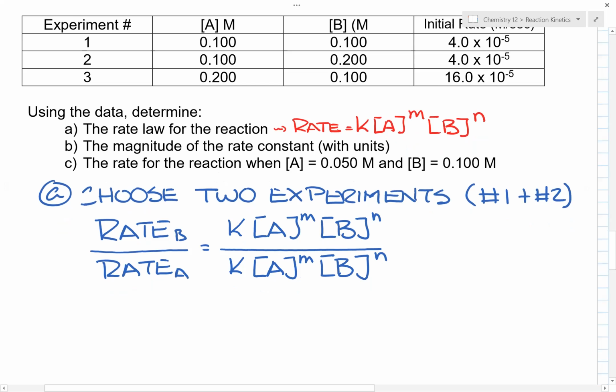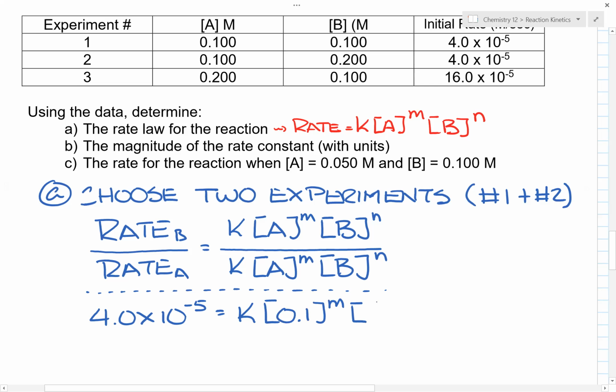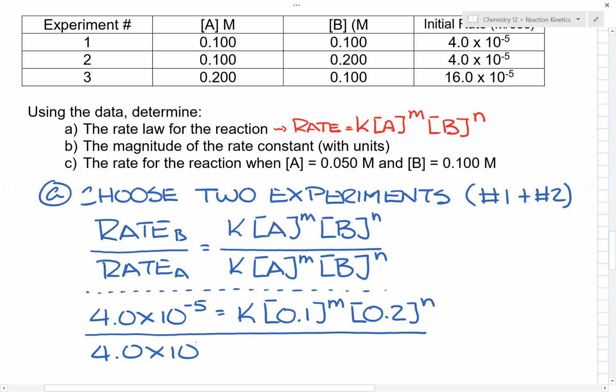Now, if we look at the rate for B, I'm going to draw a dot here, just to see the separation. So I have 4.0 times 10 to the negative 5 is equal to K, 0.1 to the power of M over 0.2 to the power of N, all over 4.0 times 10 to the negative 5.